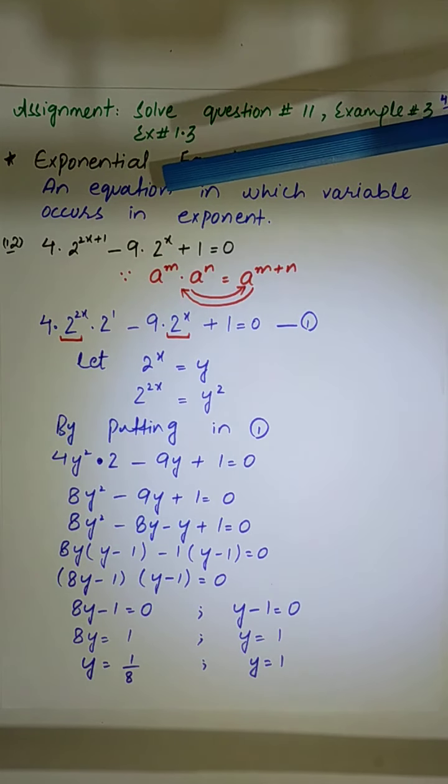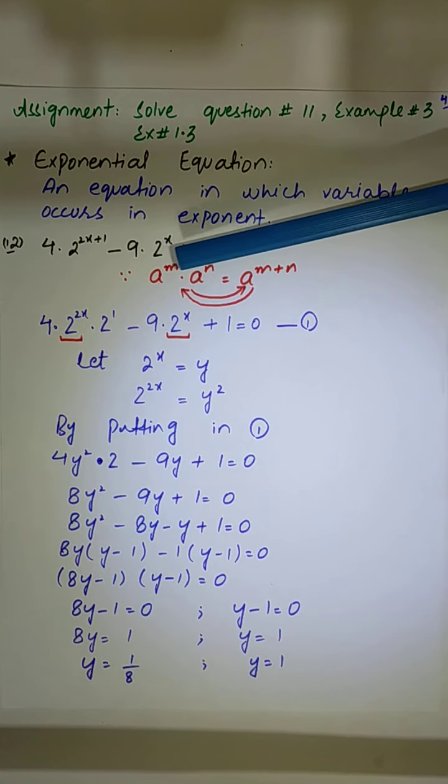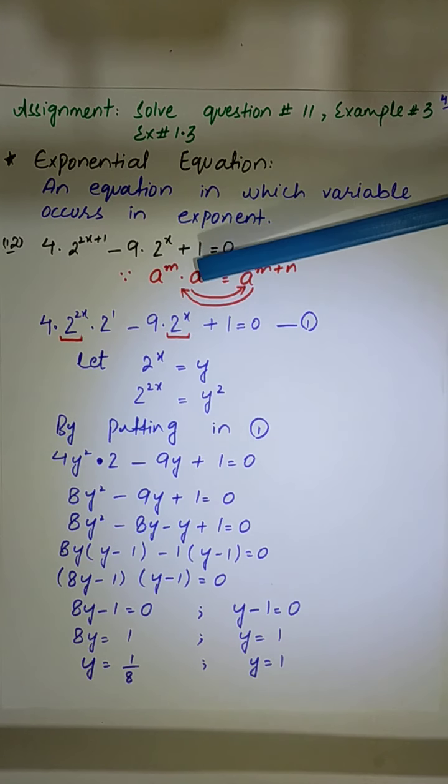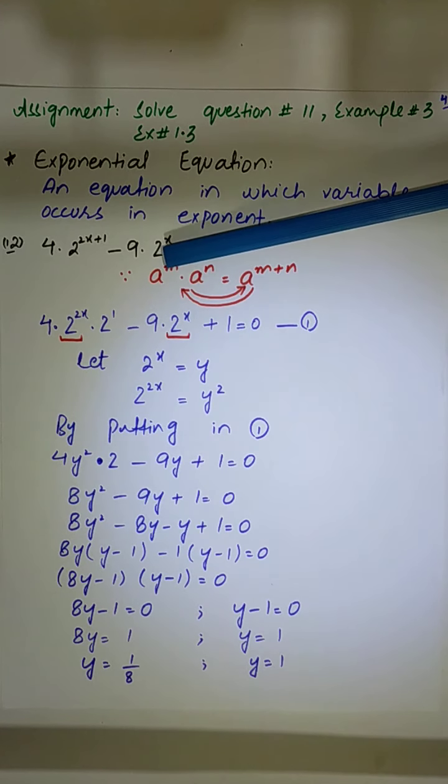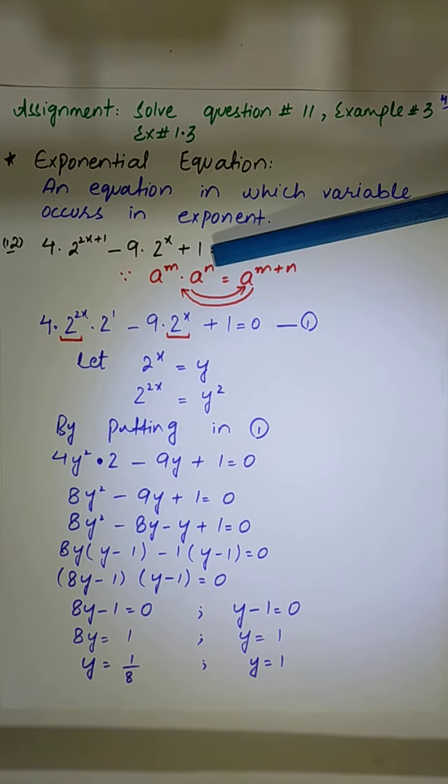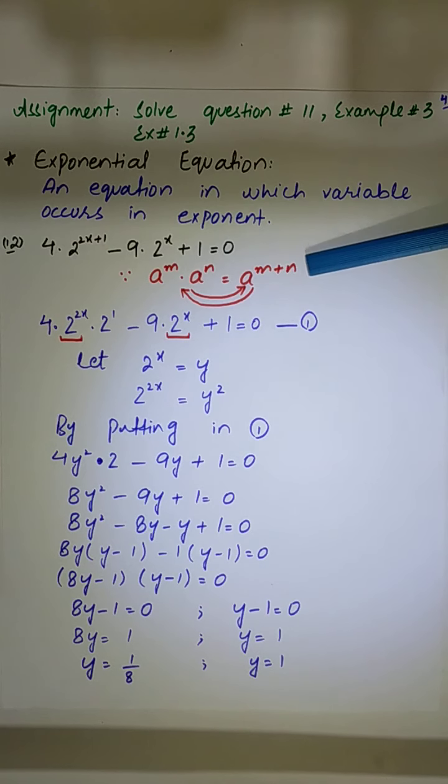First of all, as you know, when bases are the same in multiplication, powers will add. Like this, a raised to power m into a raised to power n is equal to a raised to power m plus n. If bases are the same in multiplication, powers will add.